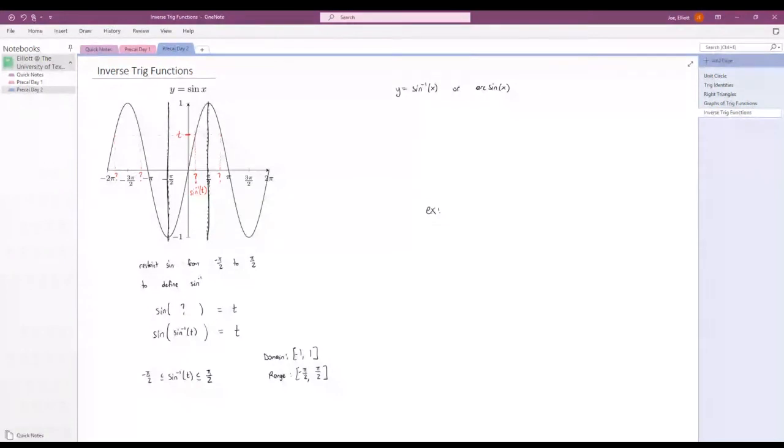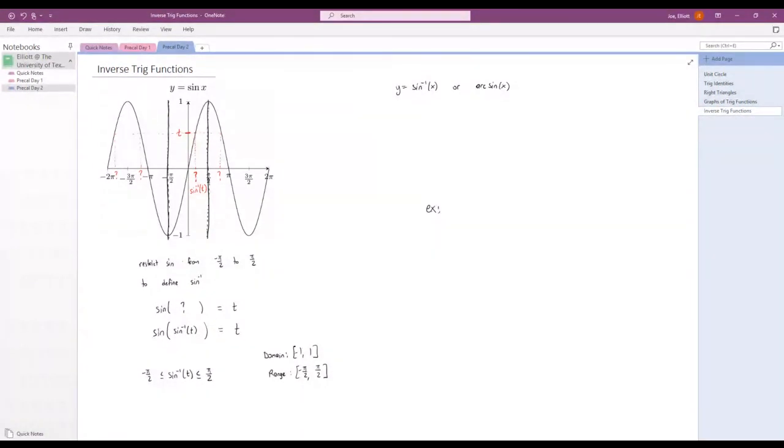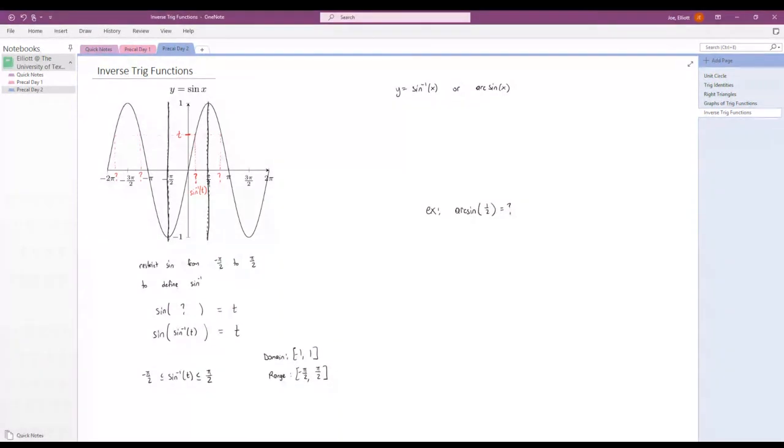Let's say that we want to find arcsine of 1/2. How do we go about doing these types of problems?